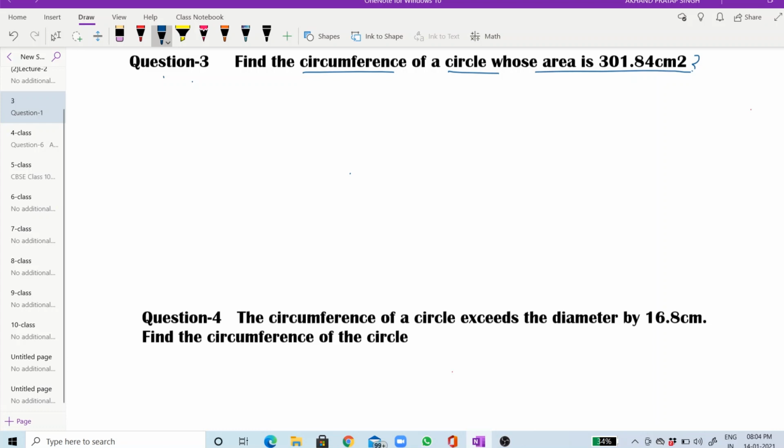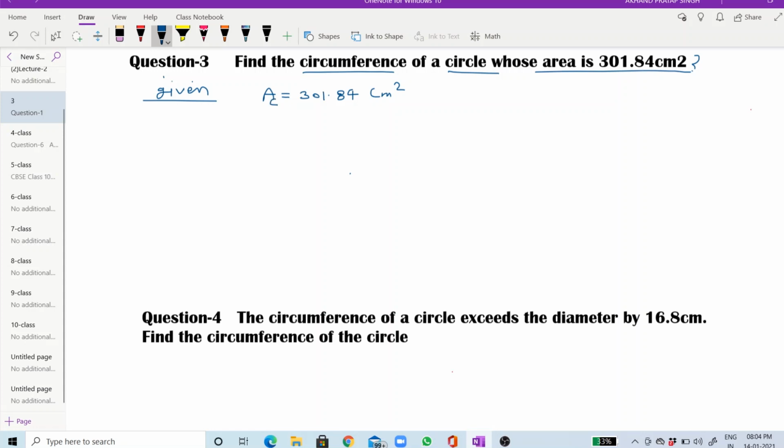So given in the question, area is equal to 301.84 centimeter square, and also it is a circle.